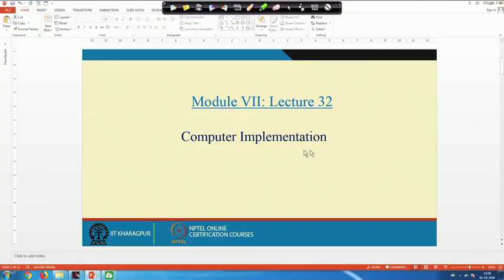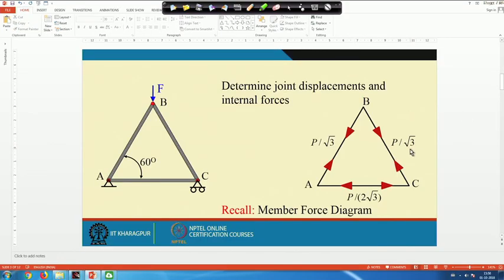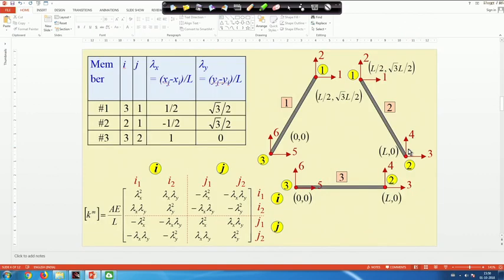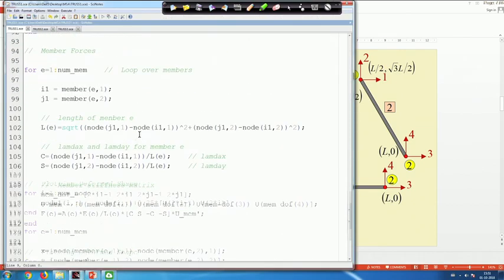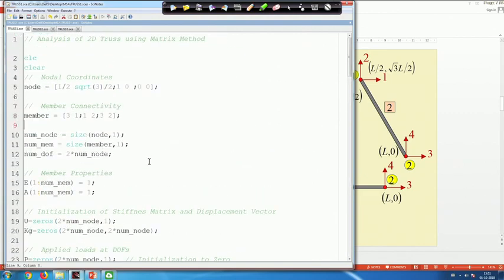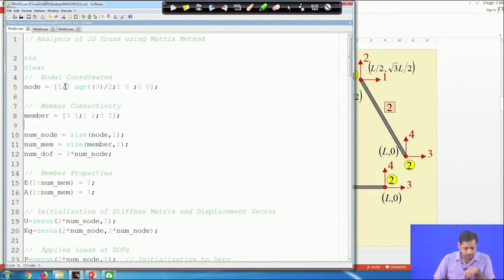To start with, we will take this example and see how to solve it. This is the code that we discussed in the last class. These are the nodes coordinates, these are the member connectivity, and all this information is given.